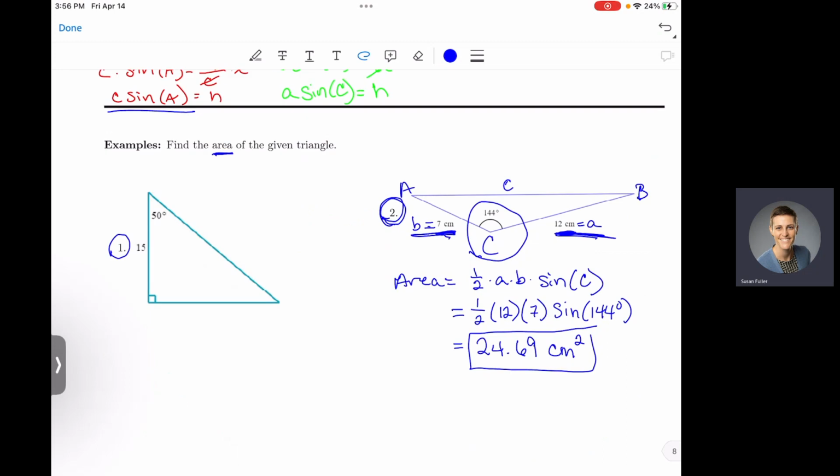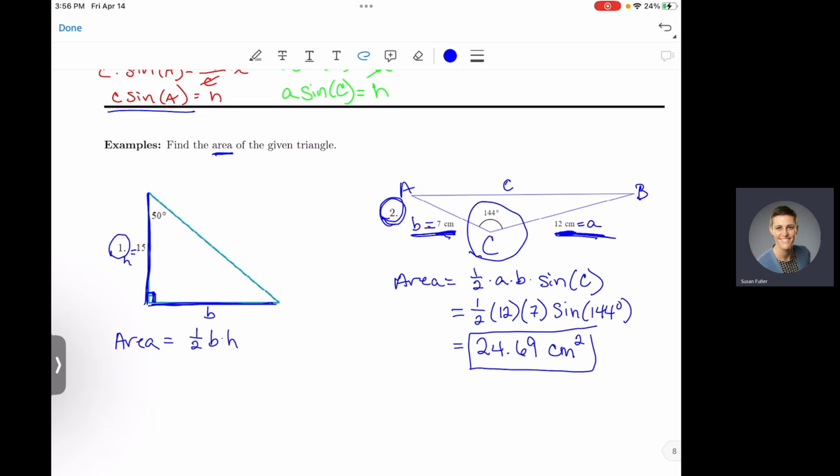To do the area of a right triangle, we are going to stick with the 1/2 base times height situation, where your base will be the one on the bottom, and your height will be the vertical one that's perpendicular to your base. Because these two are perpendicular already, we can use this side as our base and this side as our height, and just use our 1/2 base times height formula.